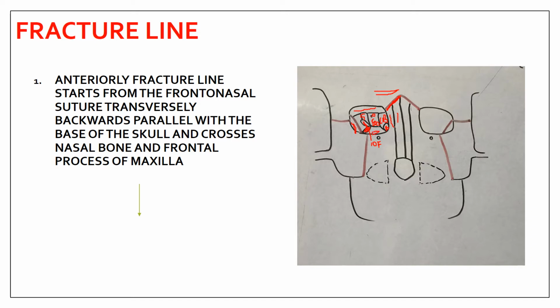As it is close to the maxilla, over here this is close to the frontal bone, and this is close to the zygomatic bone. This is all about the applied anatomy of your orbit, and this was the first part of your fracture line, that is, it starts from the frontonasal suture and crosses the nasal bone and the frontal process of maxilla.